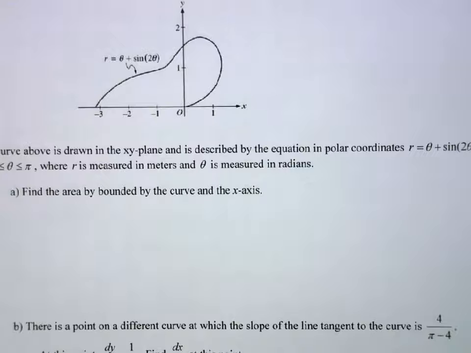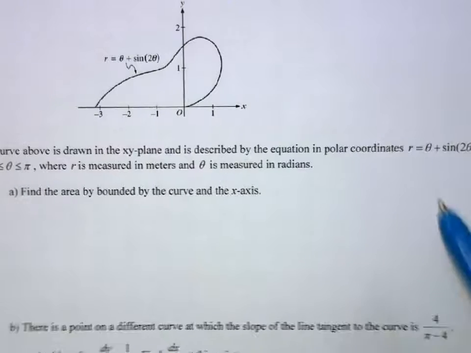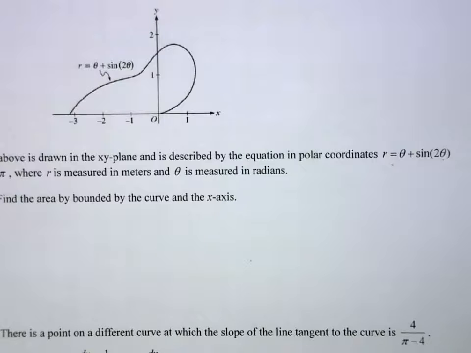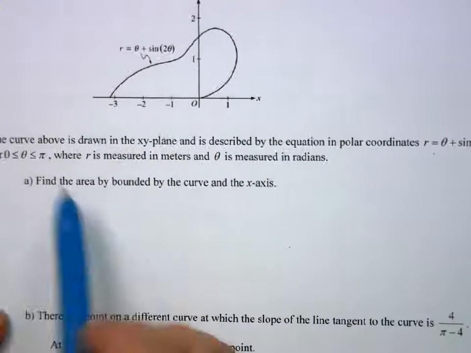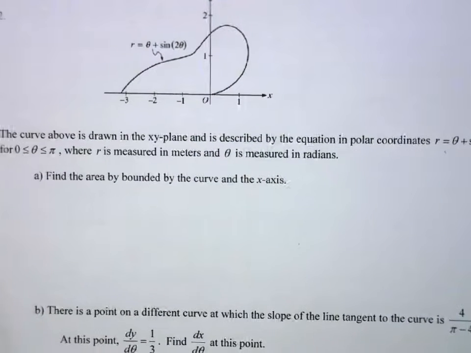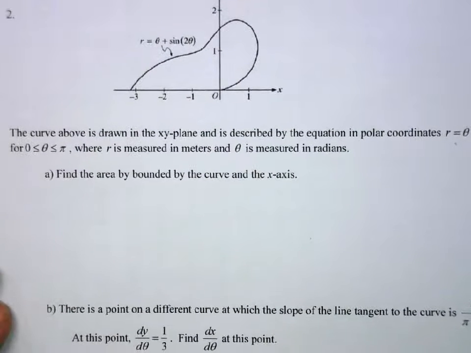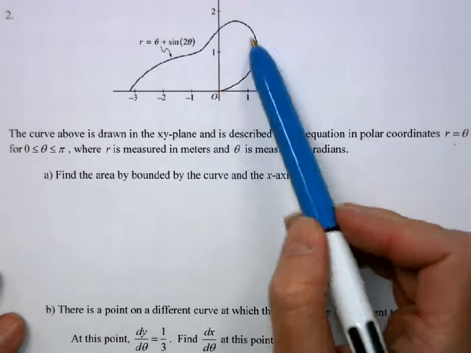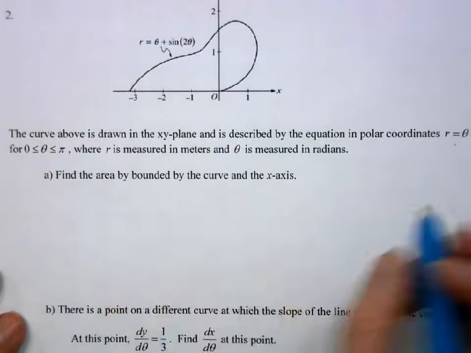Okay, this one, the curve above is drawn in the xy plane, and it describes this polar curve. So you could graph it in your calculator, but they will typically give you the graph. For 0 to pi, because we're going from here to pi would be there. Find the area bounded by the curve and the x-axis. Well, all of this is positive.